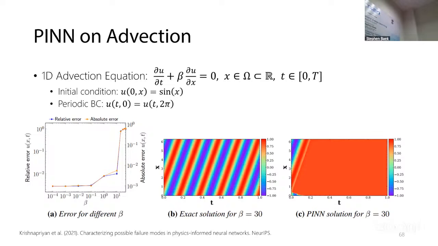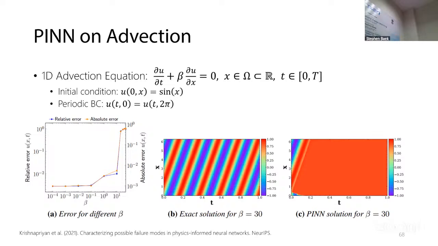Now, with that in mind, look at the PINN solution for beta equals 30. You will see that the initial sine wave segment gets advected properly, but in terms of the periodic boundary condition, it's not really respecting the boundary condition.